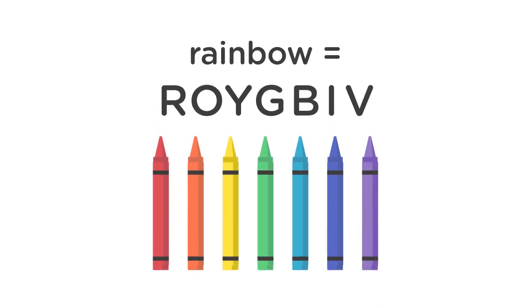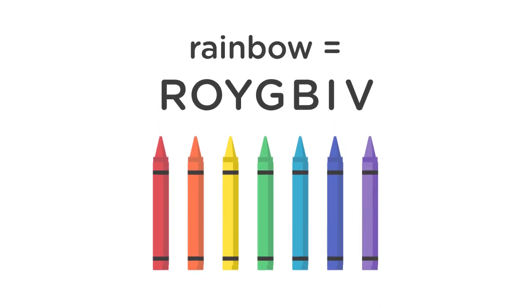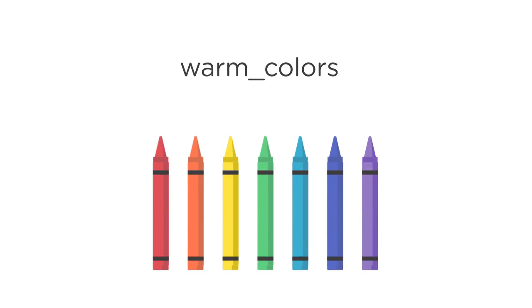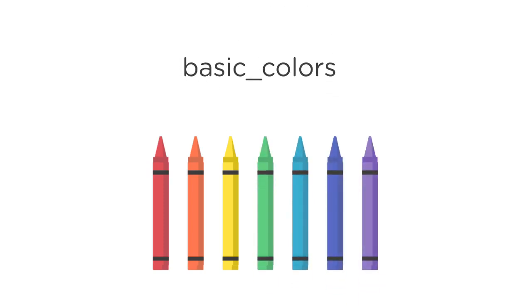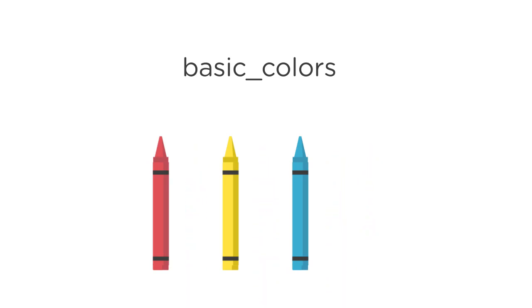And rainbow equals RoyGBiv. We're going to create another list, warm colors, which contains the first 3 elements of rainbow, and that would mean red, orange, and yellow.